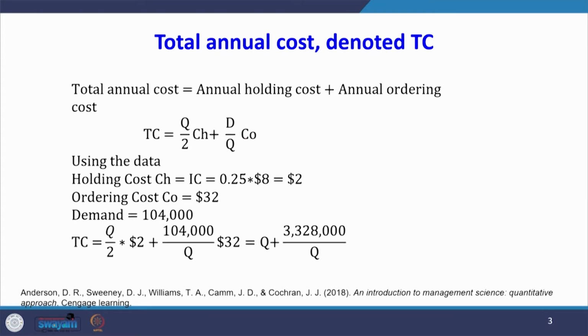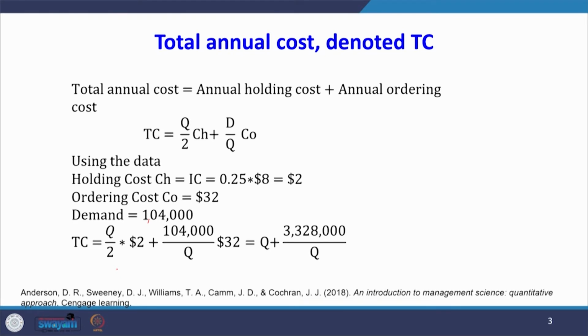In our problem the interest rate is 25%, and the unit cost is $8. So, 0.25 multiplied by 8 is $2, and the ordering cost is $32. The demand is 1,04,000.